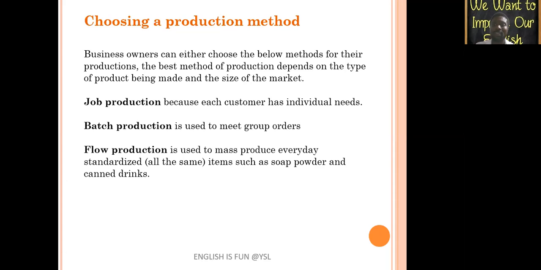If you have a very large market, even if you are into batch bread making, you can go into mass production depending on your market. If you have a very large turnout of sales, then you can go from batch production to semi-flow production.